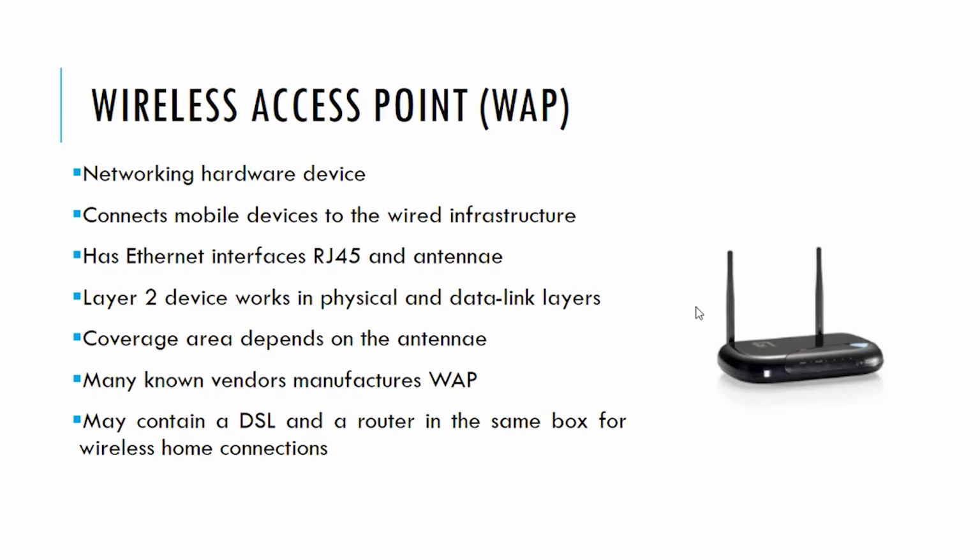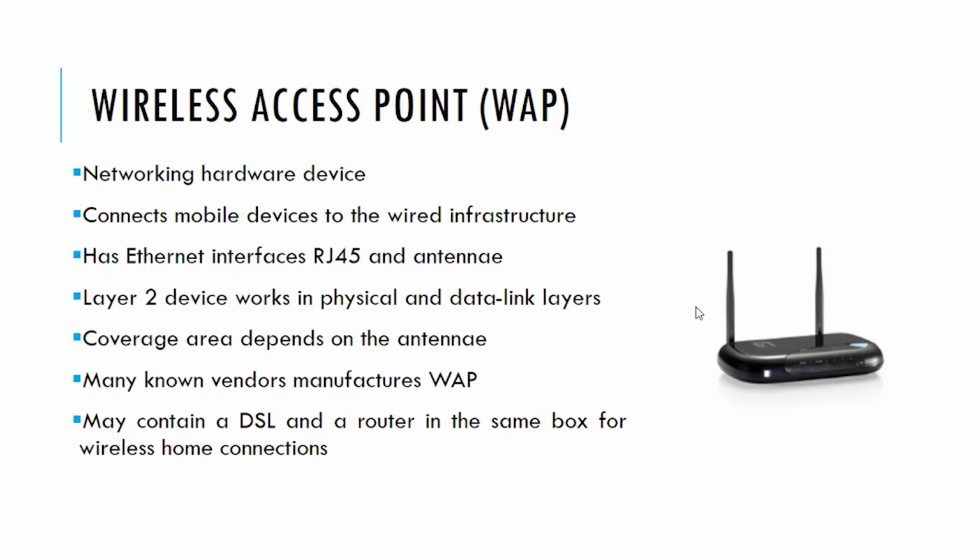So the antenna, its number and its strength determine to a great extent the coverage area of this wireless access point. We have several access points manufactured by several known vendors of networking devices. Cisco and other companies, such as Huawei, have produced very well-known access points. It may contain a DSL modem and a router in the same box. This is a wireless access point for home connections, the one that contains DSL and a router.